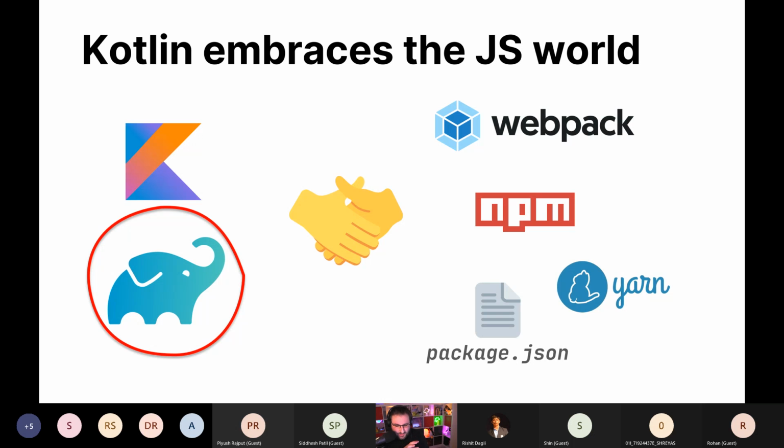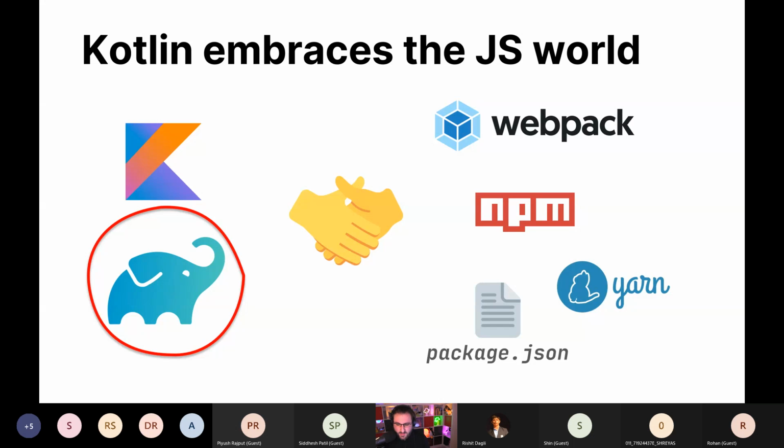Nowadays, a modern JavaScript project uses some kind of bundler that performs post-processing steps on the code that you write. You have dependencies from the JavaScript ecosystem. You have some kind of installation, and you manage your dependencies in a file called package.json, for example. And this is kind of orthogonal to what we usually expect as Kotlin developers.